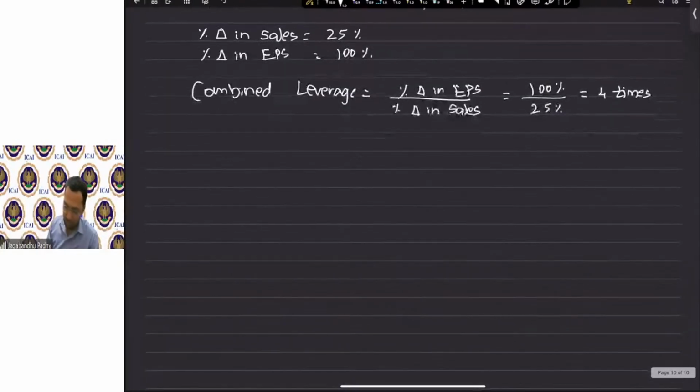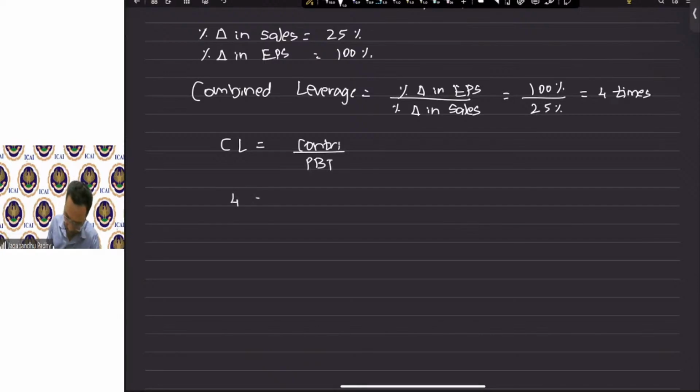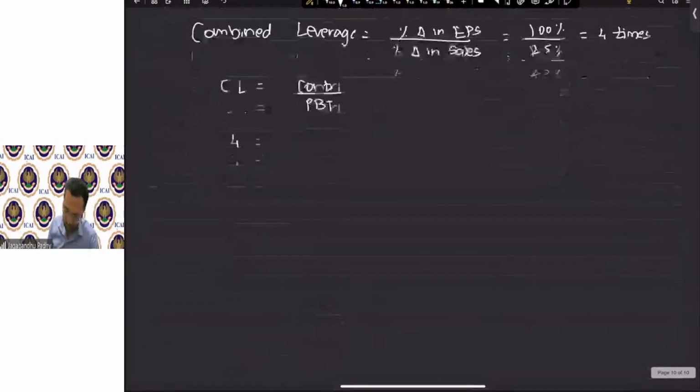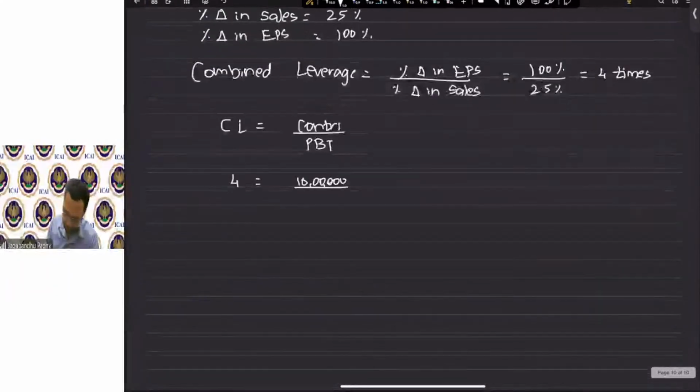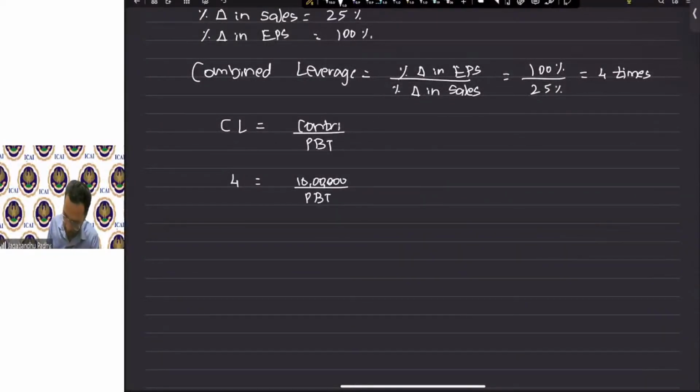Of course, for combined leverage, we do have a shortcut formula also. Combined leverage formula is contribution upon profit before tax. 4 is equal to contribution of 10 lakh upon PBT, which we don't know. We have to compute the PBT.